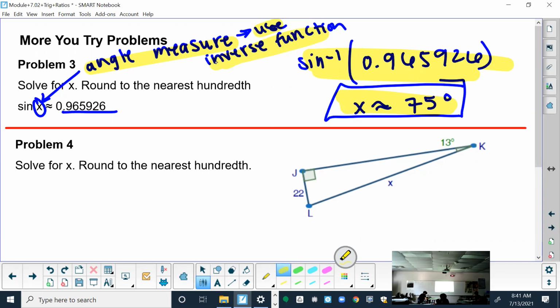All right. Problem 4, solving for x rounding to the nearest hundredth. To figure out what function we're using, just see what they have labeled here. We're looking at the perspective of the angle that's labeled. What is x representing? What side?